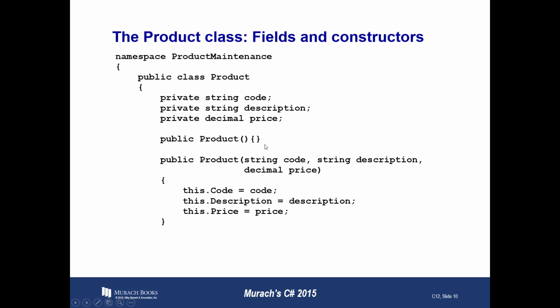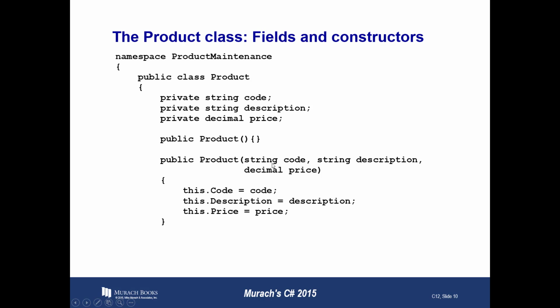A default constructor, which as you can see does nothing. Constructors are public, constructors do not return a value, and they can be overloaded. In other words, when I create a new product, I must either pass it nothing, or pass it a string, a string, and a decimal.